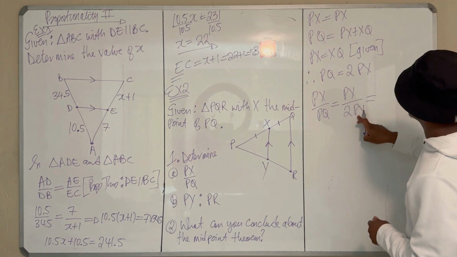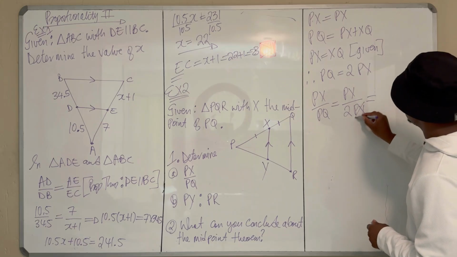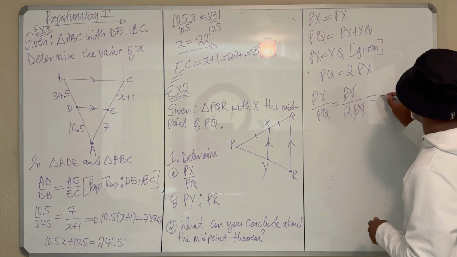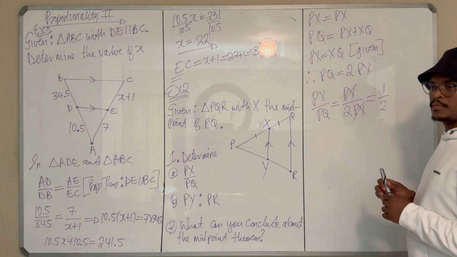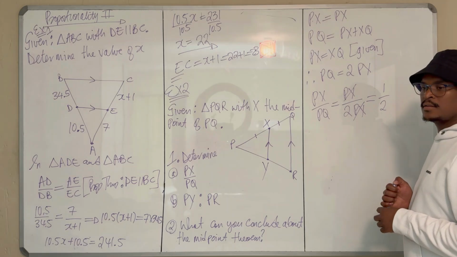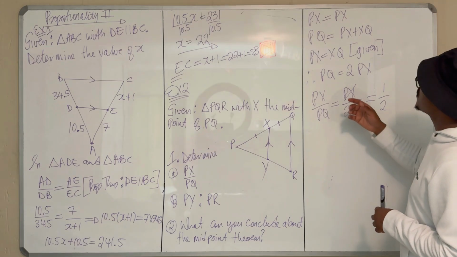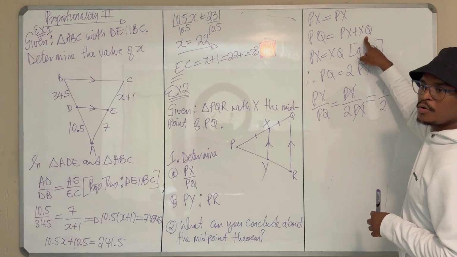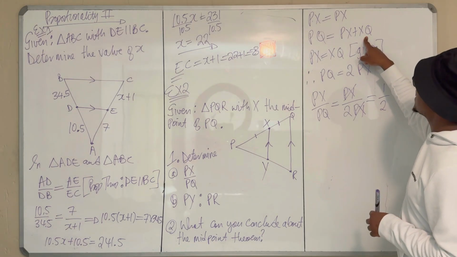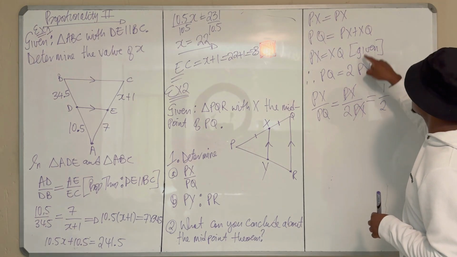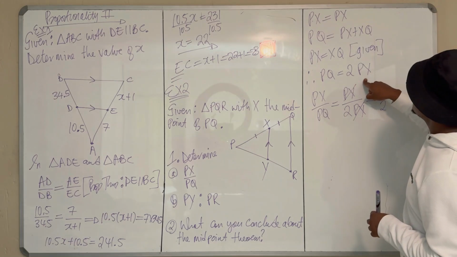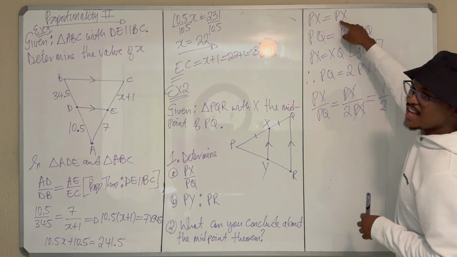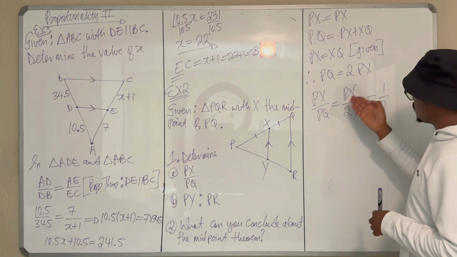Because this is equal to PX and that is equal to PX, this and that go away. So we're left with 1 over 2. That's it. Does it make sense? Yes. It doesn't matter, you could have said that it's equal to 2 times XQ. And then you could have said that 2 times XQ is the same as that. As long as you also use the XQ there as well, you can do the same cancellation.